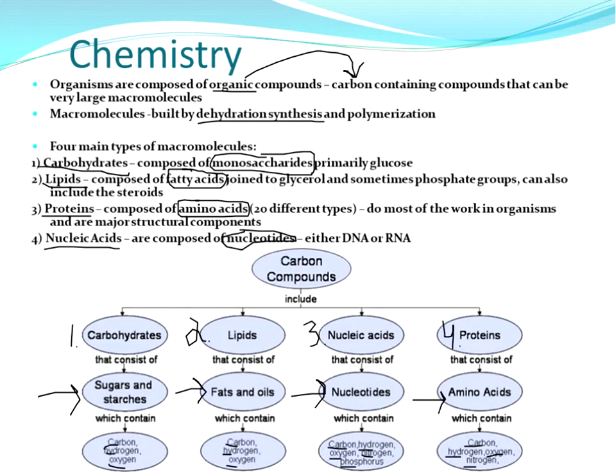So all 4 are made up of carbon, hydrogen, and oxygen, but proteins add in a nitrogen, and nucleic acids add in a nitrogen and a phosphorus. So make sure you know the difference between those parts as well.